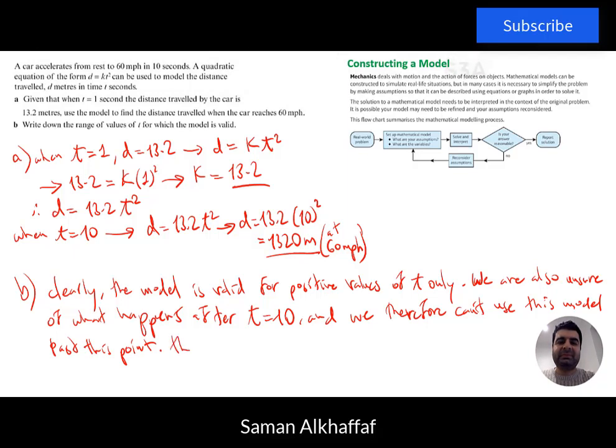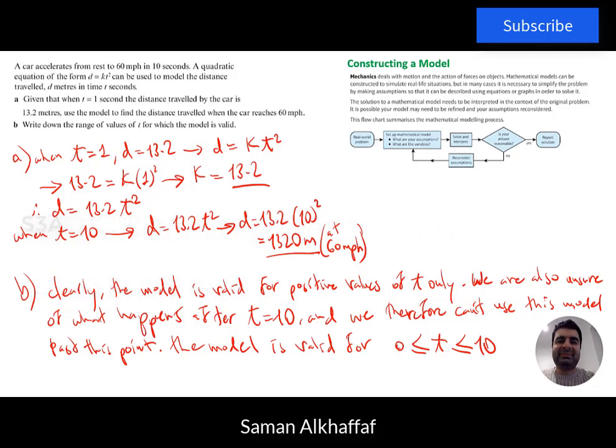So we say the model is valid for when t is bigger than or equal to 0, and t is also smaller than or equal to 10. So this will be the range and our suggestion for when the model will be valid.